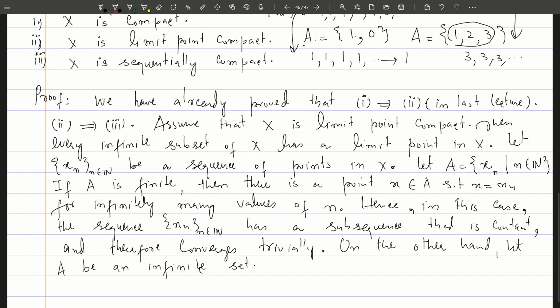Now using limit point compactness here, by limit point compactness of X, the set A has a limit point, say x.